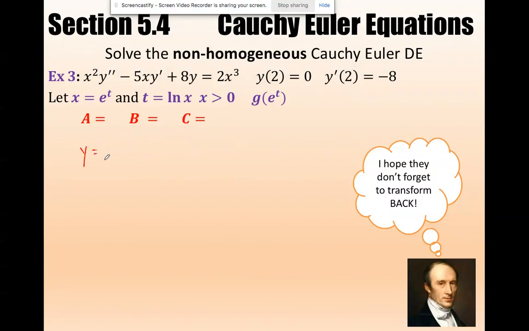Right, again, y was equal to c1 x to the 4th, c2 x squared minus 2x cubed, plug in 0 and 2.